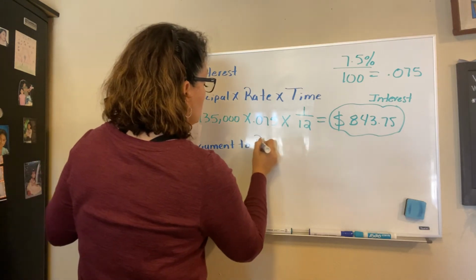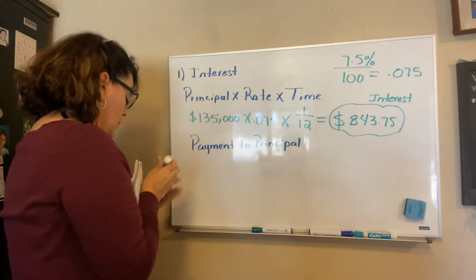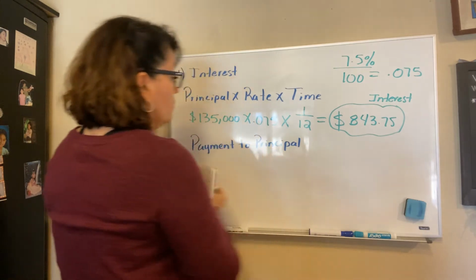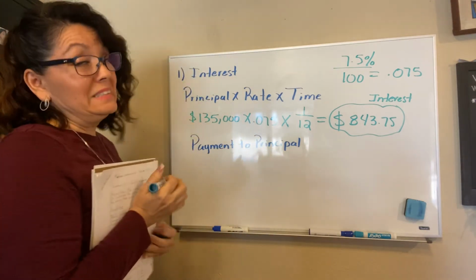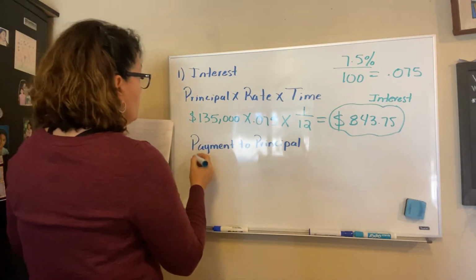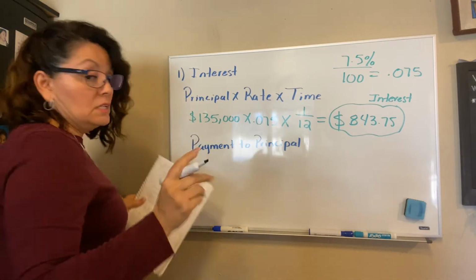This is the part where you say, holy guacamole. For real, is that the only amount that goes to the principal? Yes, guys, that is the only one. So what am I going to do? It is the monthly payment, and how much does it say over there?